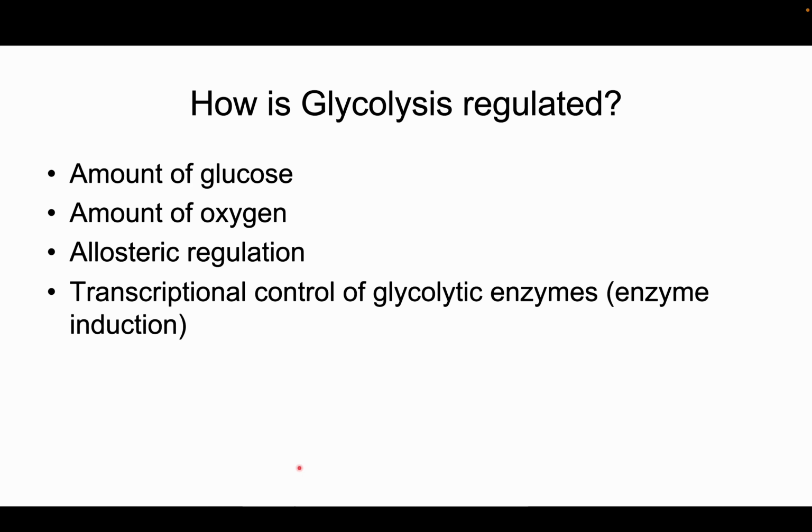And then transcriptional control at the level of the RNA, before you have the enzymes that carry out the glycolytic steps. So, enzyme induction. This involves the transcriptional regulation of the RNA coding for the specific enzyme proteins involved in each step of glycolysis.